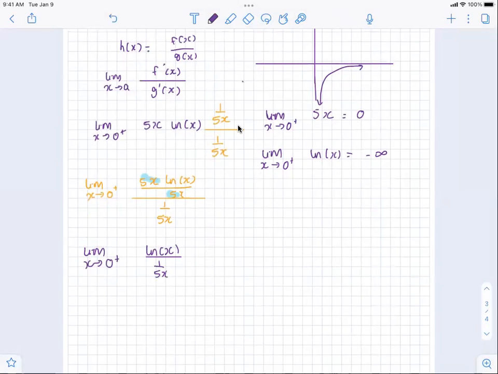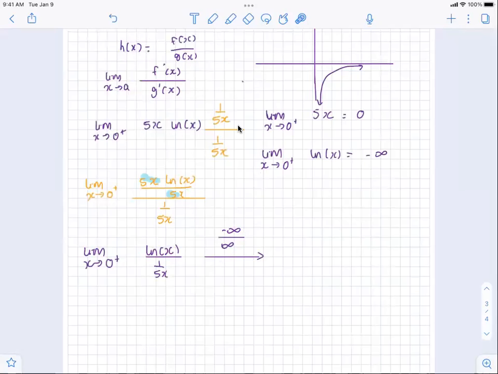So now if you do the substitution, as x approaches 0 of the natural log, at the top you have negative infinity, and then the bottom, since it's 1 over 5x, will go to infinity. So this is one of the indeterminate forms. So you could apply L'Hopital's rule, right?